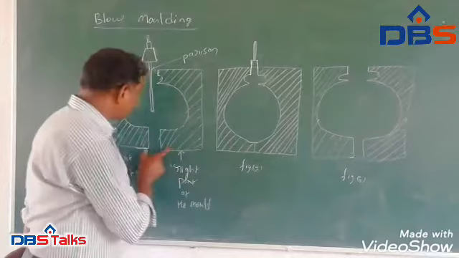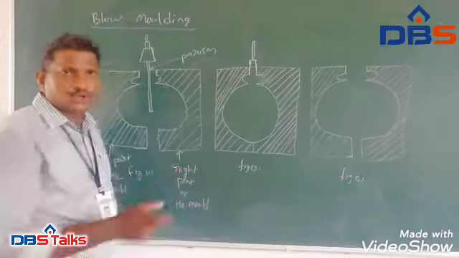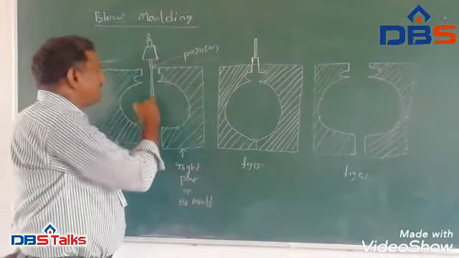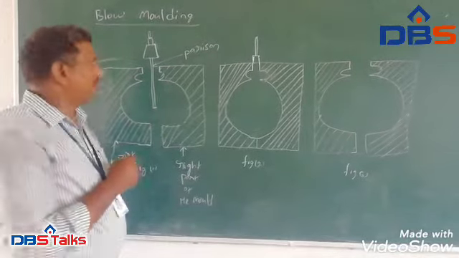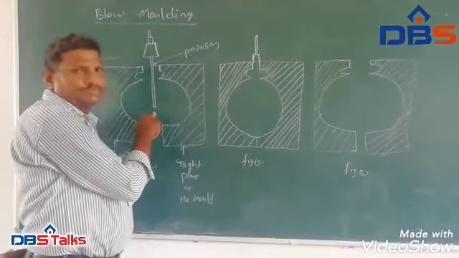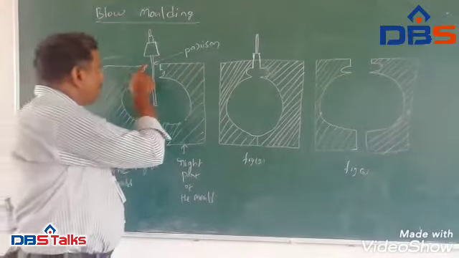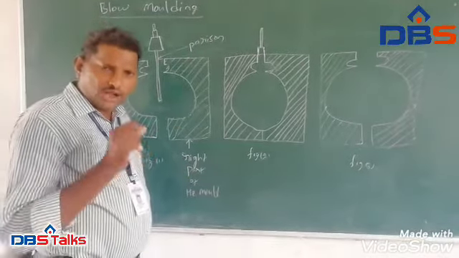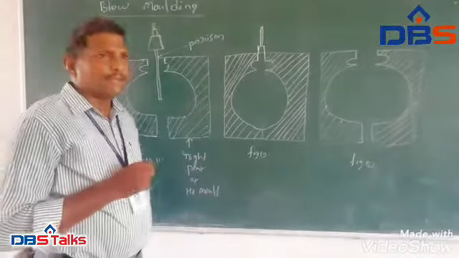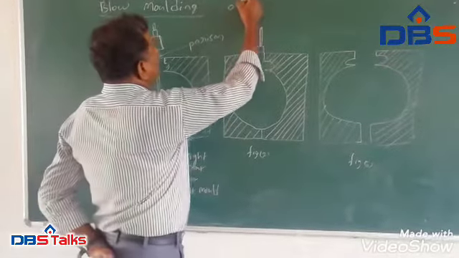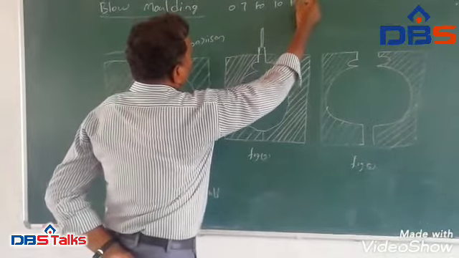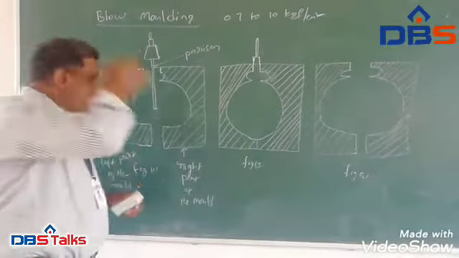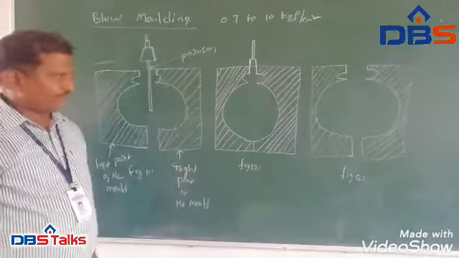See, when the left part and the right part of the molds are grouped together, this heated thin walled plastic tube, which is called parison, is placed here, and compressed air under a pressure of 0.7 to 10 kgf per centimeter square is sent to this arrangement.